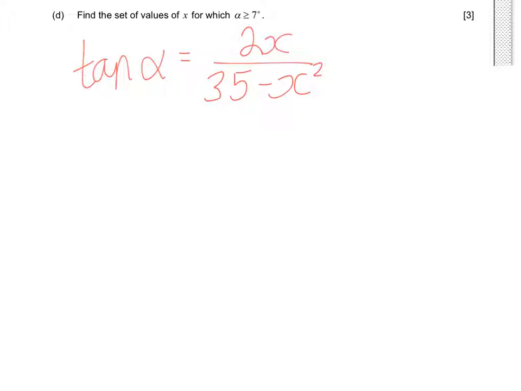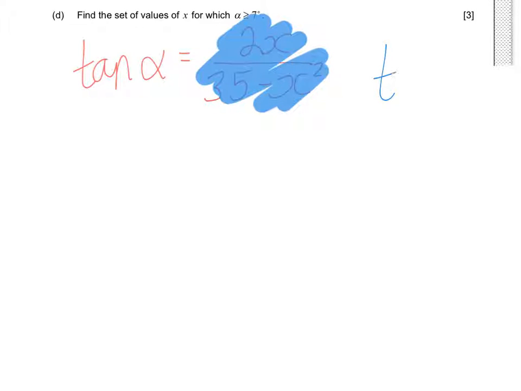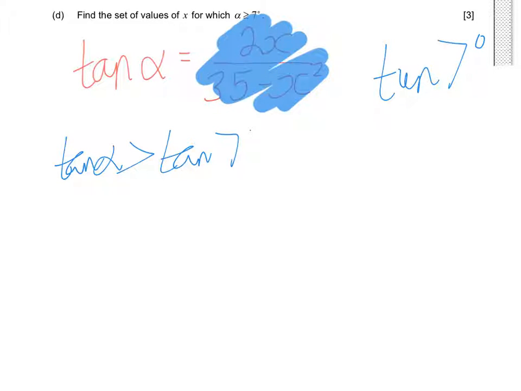The way I'm going to do this is I'm going to plot the graph of this, and I'm going to plot the graph of tan 7. And if tan alpha is bigger than tan 7, that implies that alpha is bigger than 7 on the range that we're looking for.